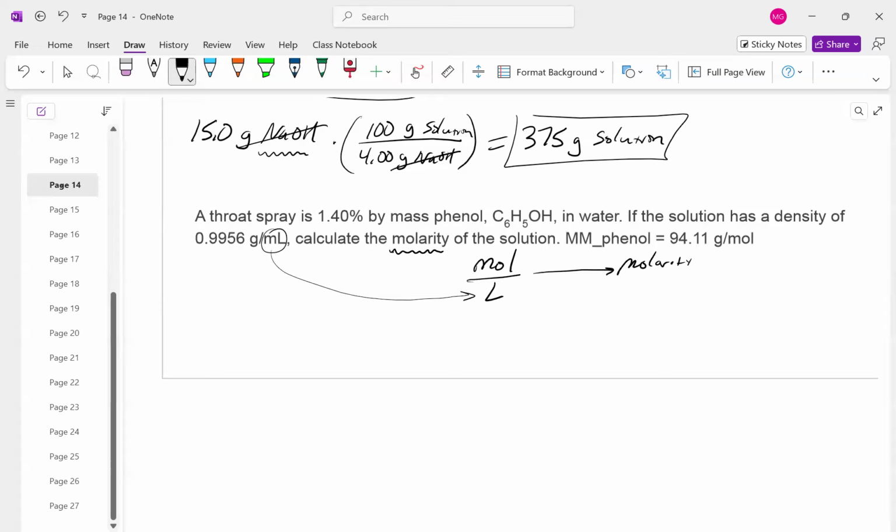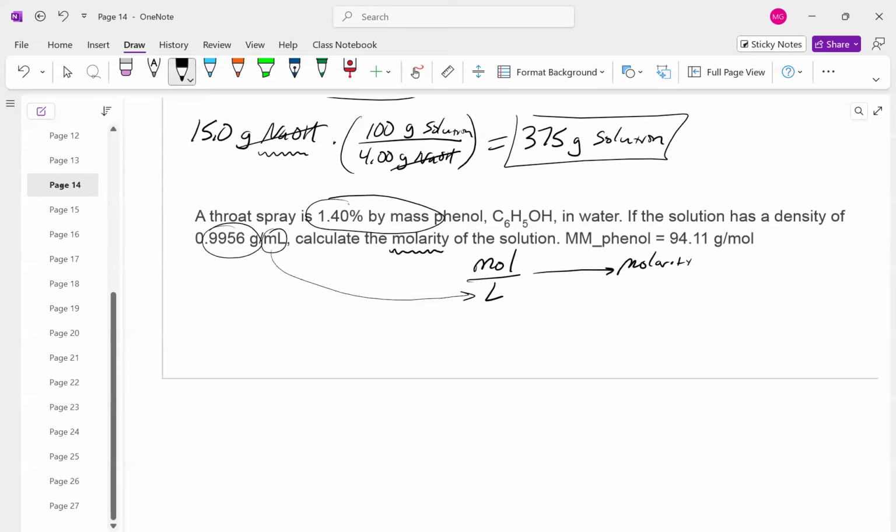Now, in order to get to moles, we have to know mass. Well, we have two things here that relate mass. We got the mass percent and we got density. So we're going to use those things as well.